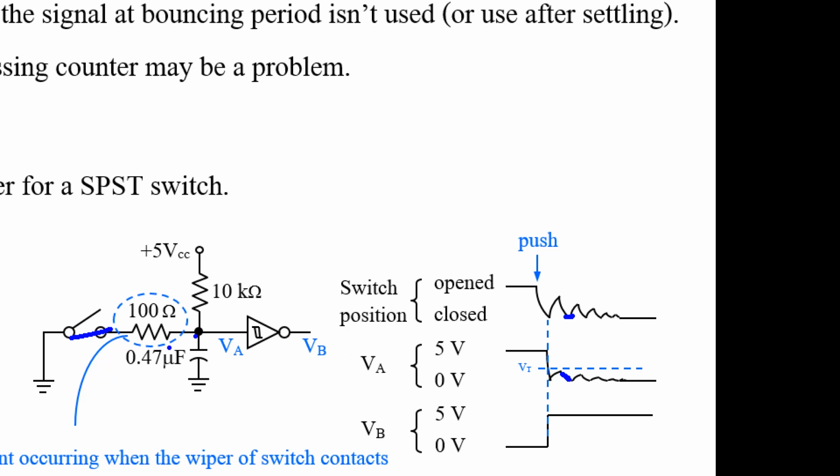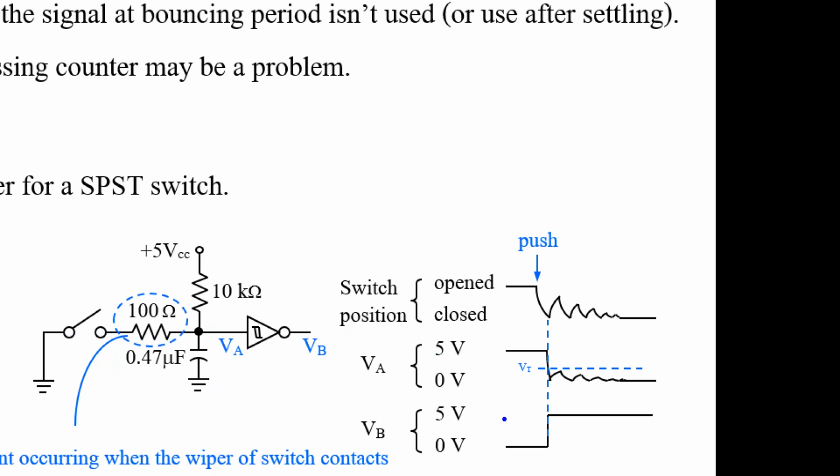So if you select this capacitor large enough, the change at this point is very slow and always lower than the threshold voltage for logic low. So it cannot become logic high. So you can solve this problem.